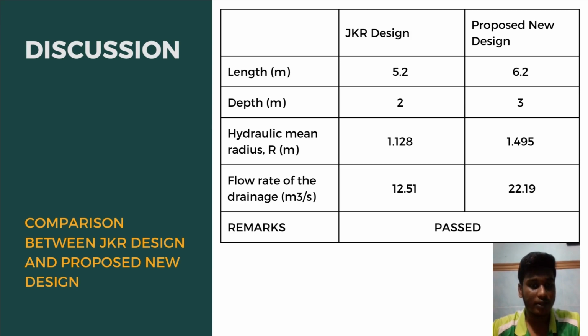So the hydraulic mean radius can be calculated after determining the Manning's roughness coefficient, and the result is 1.495 as we propose here in the new design.